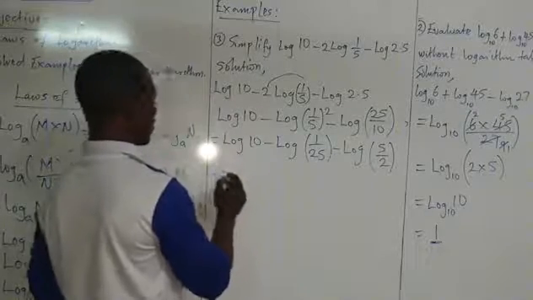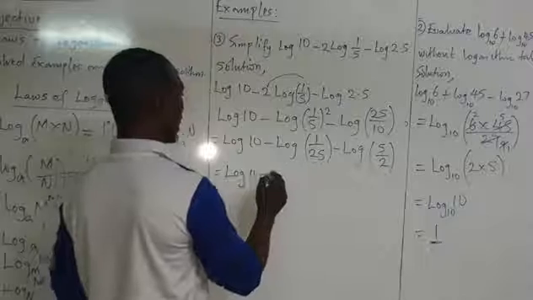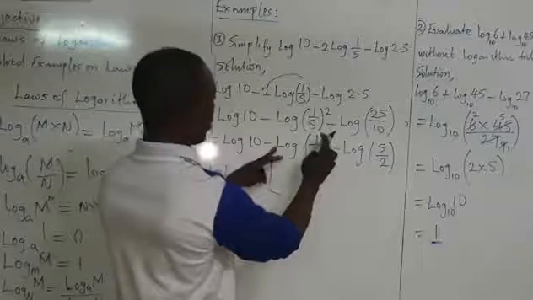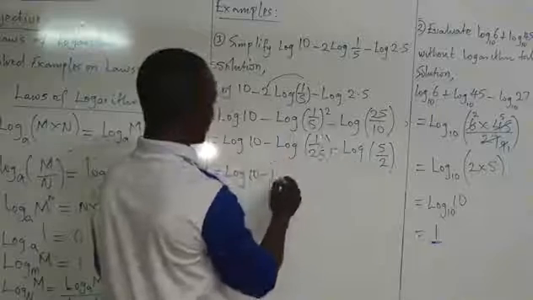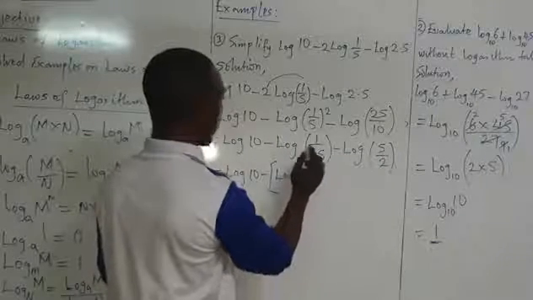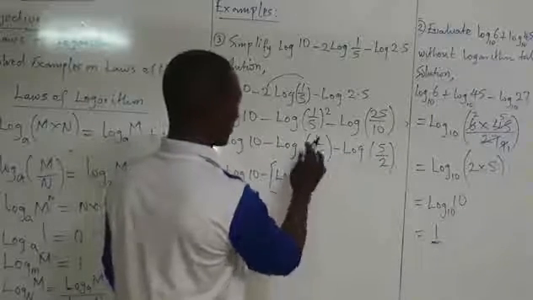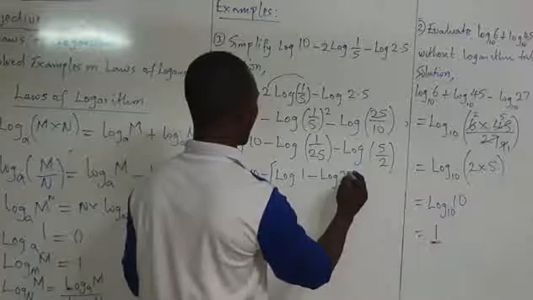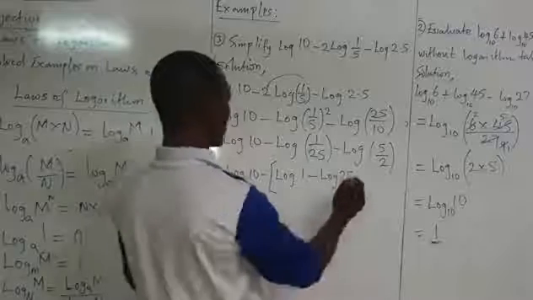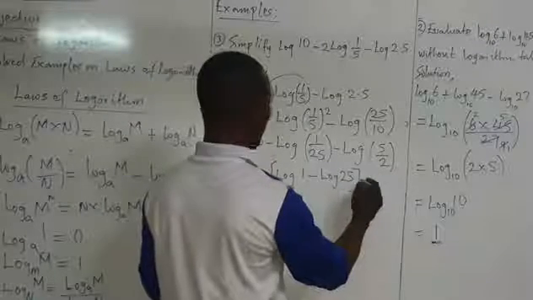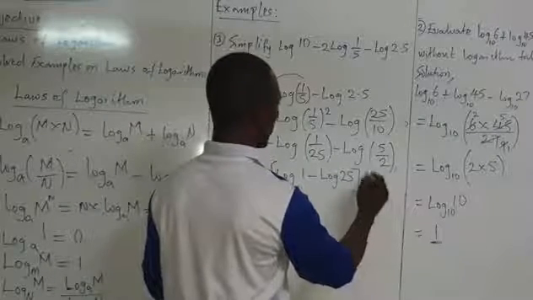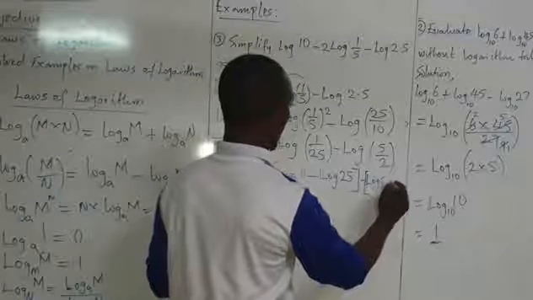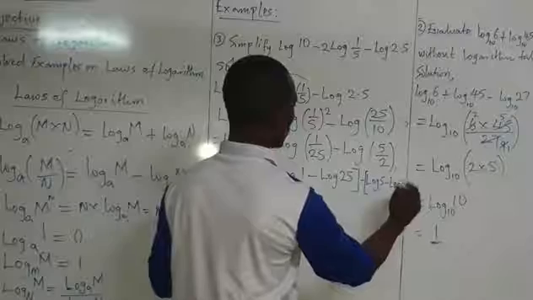So we have log 10 minus, we have a big bracket here. So log 1 minus, we change division to minus. That is log 25. So that is that for that. Then close the bracket, minus log, the same thing here, log 5 minus log 2.